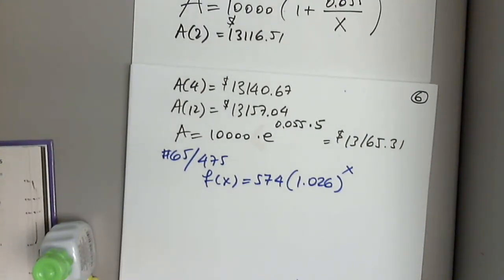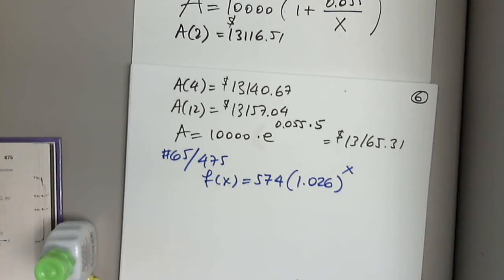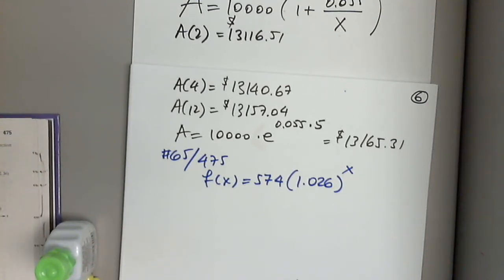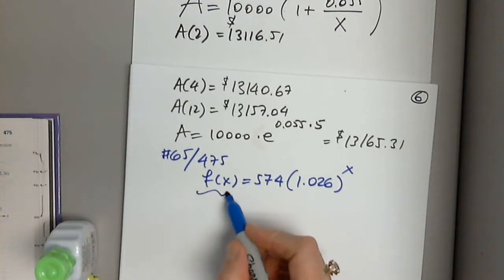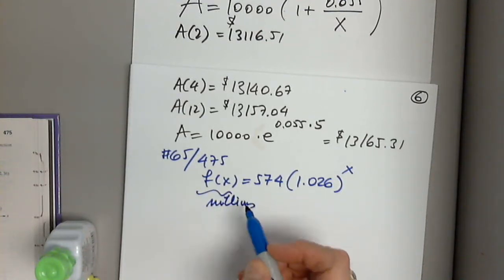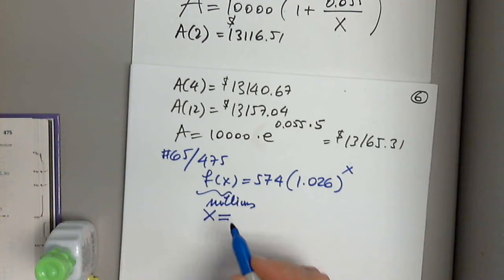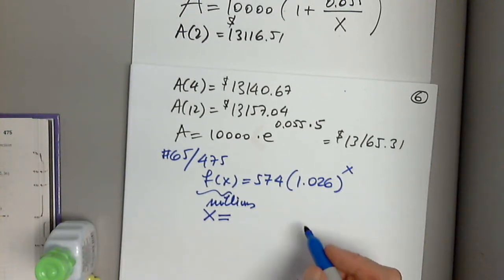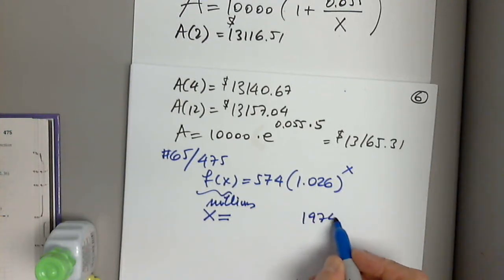So 65 on page 475. India is currently, okay. So it models the population of India, f of x in millions. X is the number of years after 1974. So what does 1974 represent?